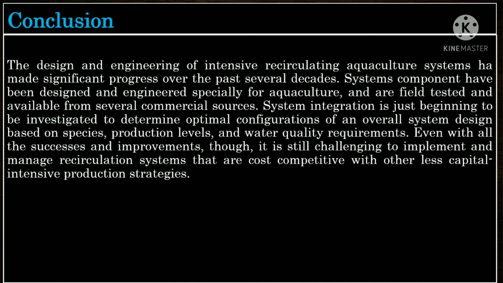The system integration is just beginning to be investigated to determine the optimal configuration of an overall system design based on the species, production levels, and the water quality requirements. Even with all the success and improvements, it is still challenging to implement managed recirculation systems that are cost competitive with other less capital intensive production strategies.